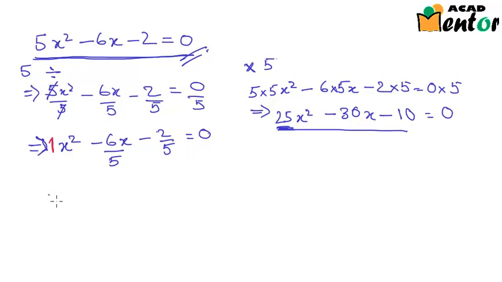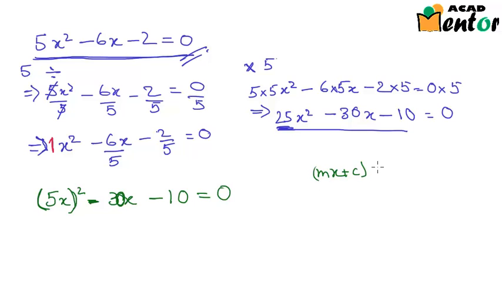So the equation is 5x whole square. I'm just writing 25x square as 5x whole square minus 30x minus 10 equal to 0. Now here I have the first term, that is 5x whole square. I need to convert this minus 30x such that it forms the middle term of the expansion of mx plus c whole square.